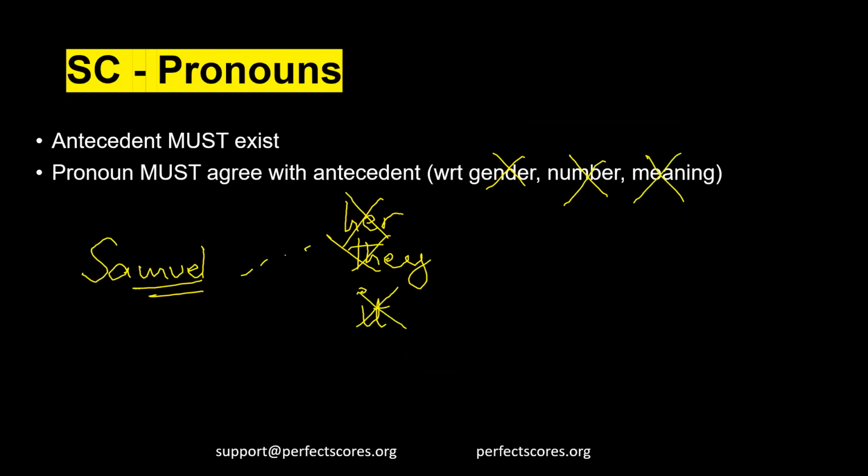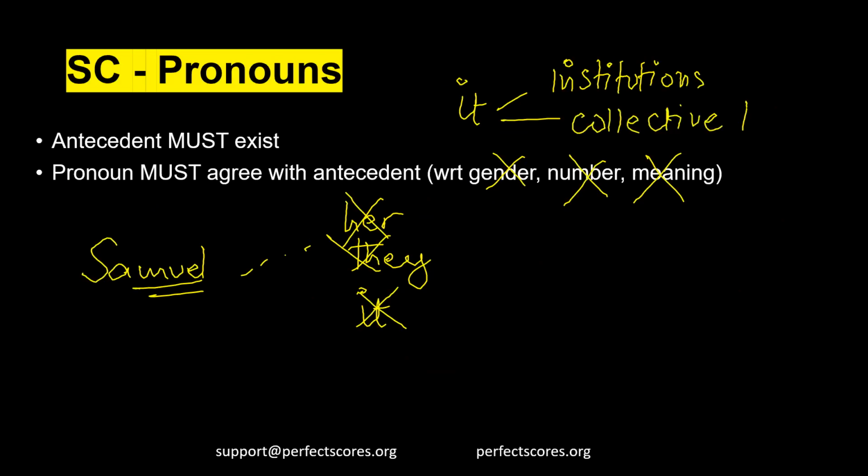So let me just add it over here. It is usually used for institutions like the government or a city or a group of people. It can be used for collective nouns like classes and teams. And it is used for animals. So basically birds, insects, or all other kinds of animals.